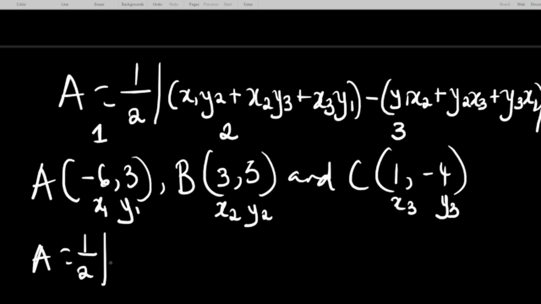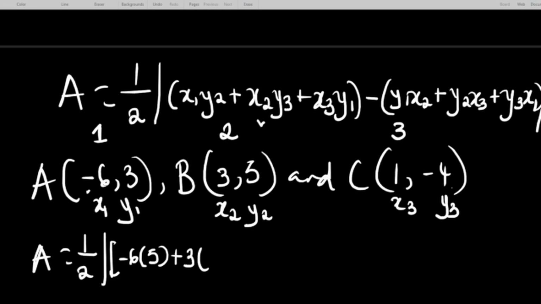We're basically going to multiply them together. Our x1 is negative 6, so we say negative 6, then multiplied by our y2, which is 5. So we have negative 6 times 5. Again, we have plus our x2. Our x sub 2 is 3, so we say 3, then multiplied by y3.